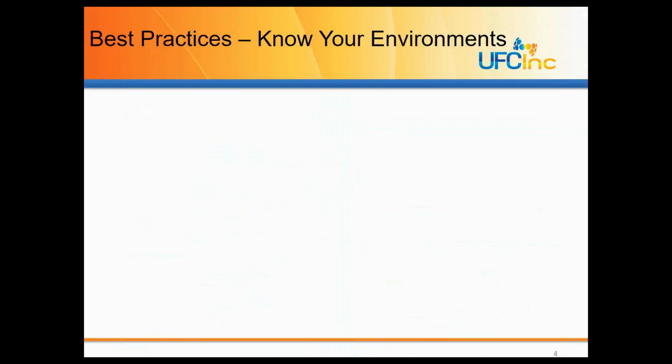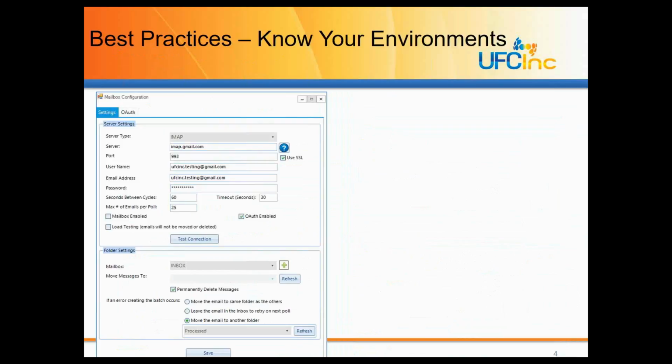We do want to describe in this webinar some best practices. And really the important part is that you need to know your environments. It's very important to understand things like what we're going to call seconds between cycles. And what this means is how often do you want to pull emails from your monitored mailbox?